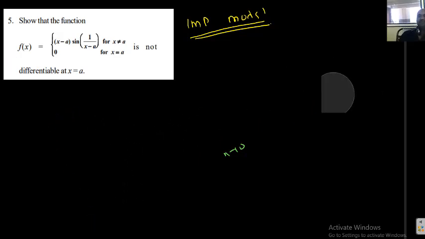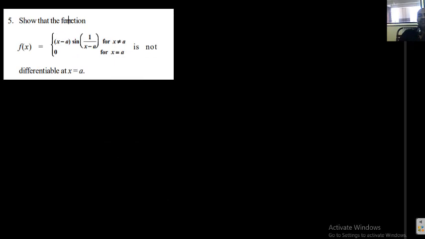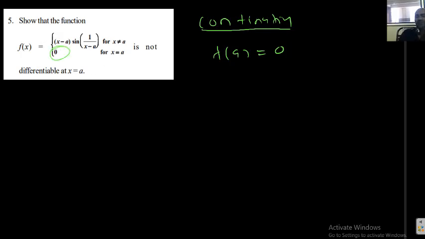Here also I want to check continuity first, and after that differentiability. Continuity: f of a equals 0, given clearly here. f of a minus should be equal to f of a plus, which equals the limiting value of x minus a into sine of 1 by x minus a, as x is tending to a.